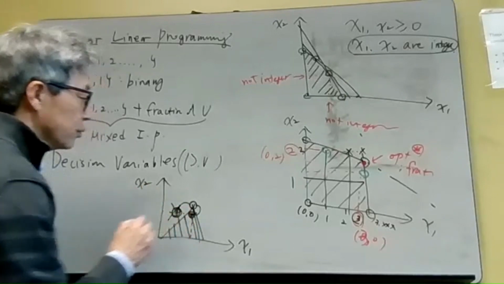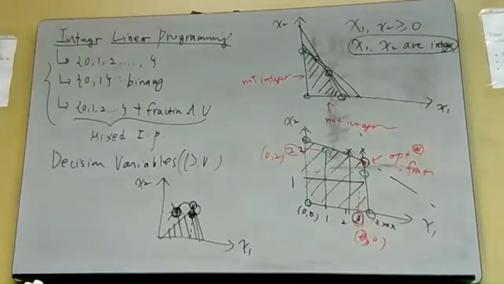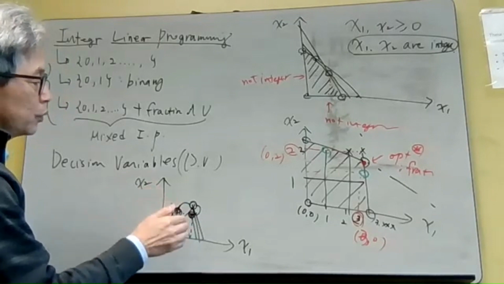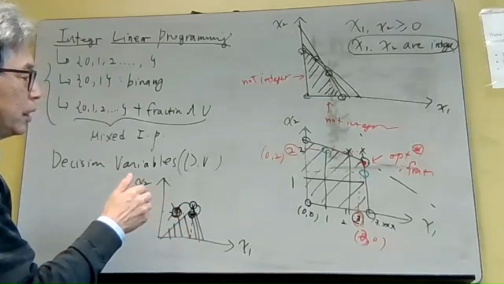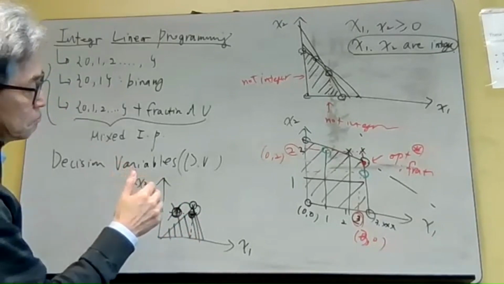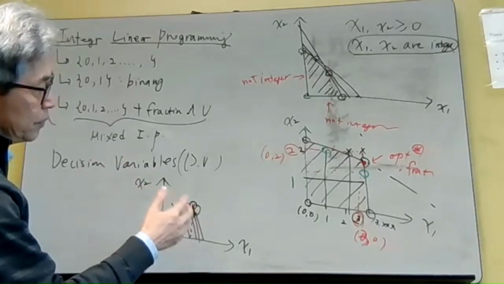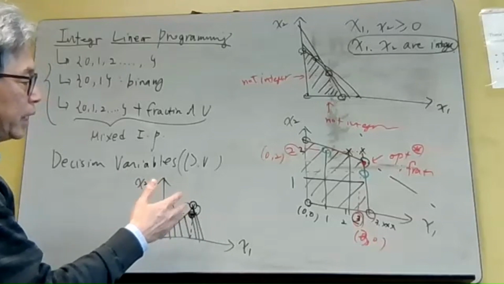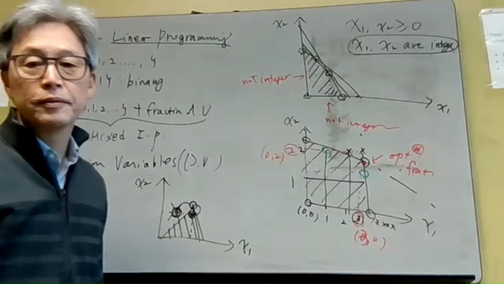We have only one solution here inside the feasible region. So that's why I say integer linear programming solutions will be less than or equal to the solution from LP relaxation.